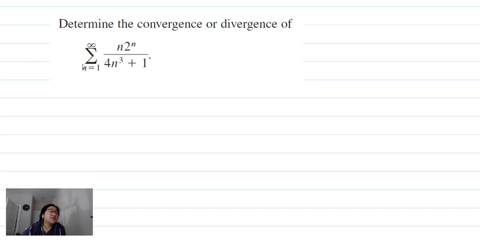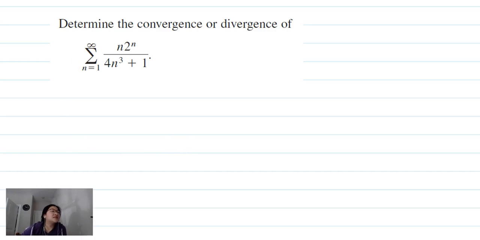Wow, there is so much going on here. I wonder what on earth we could compare this to? Well, actually, isn't the first tool in our tool bag the nth term test?